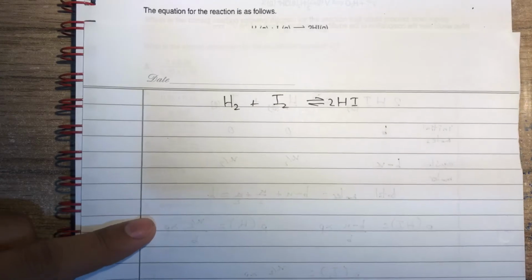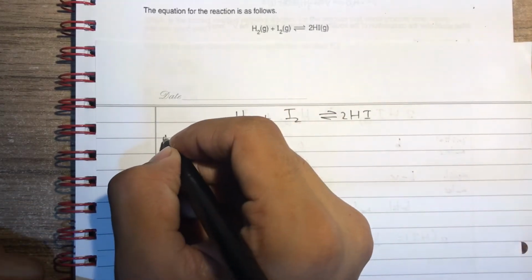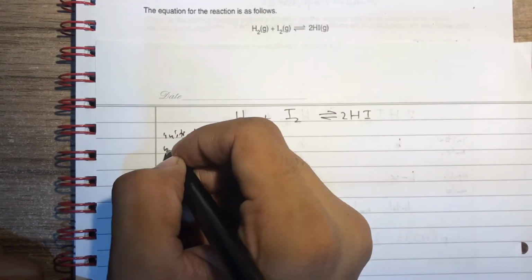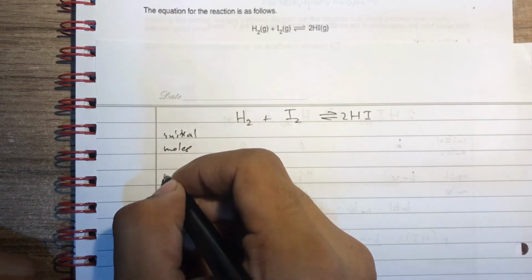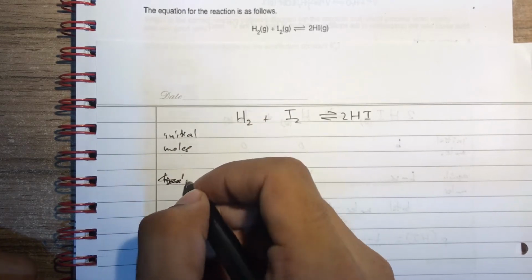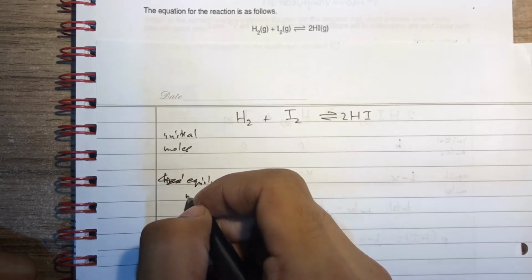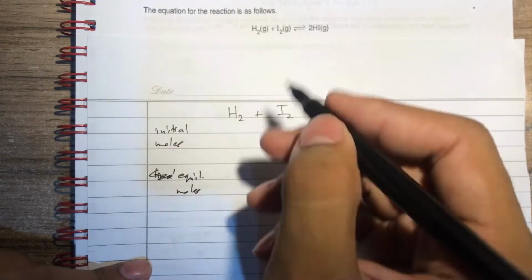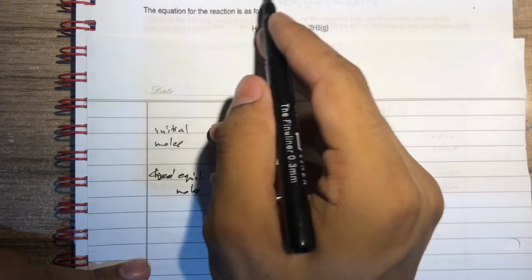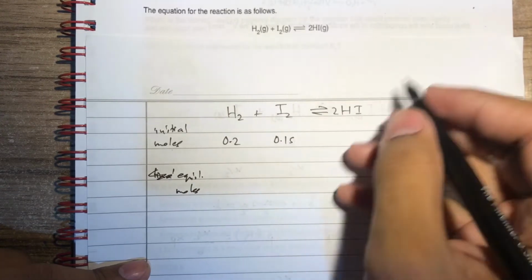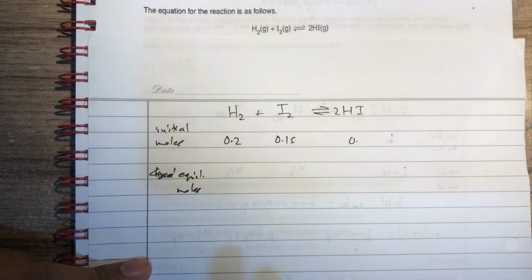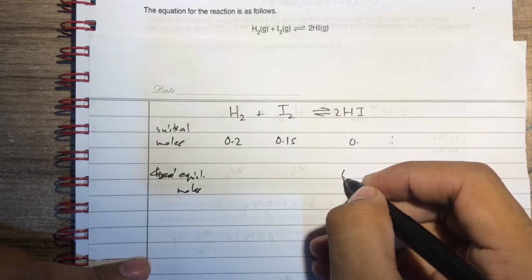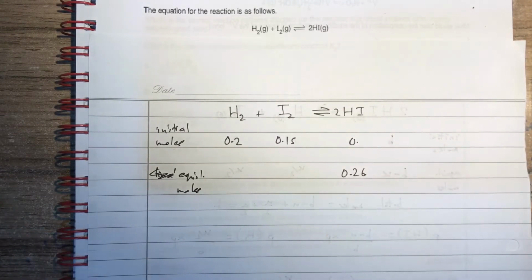Now in this question, first initial moles and then final, equilibrium moles. Initial moles are given: 0.2 moles of hydrogen and 0.15 moles of iodine, and there are 0 moles of HI. At equilibrium, there are 0.26 moles of HI.